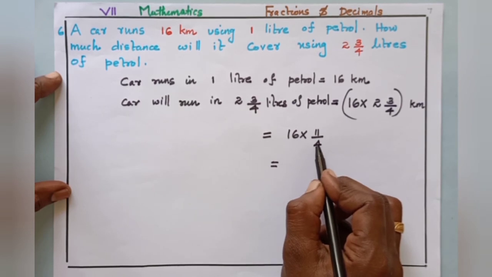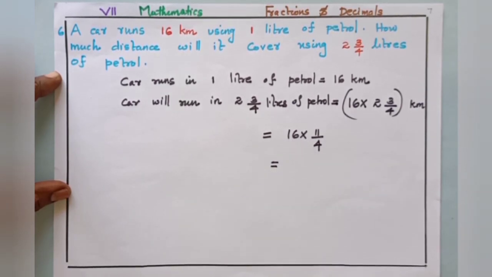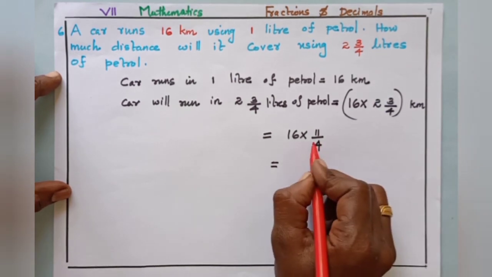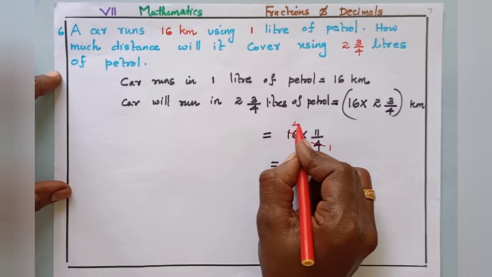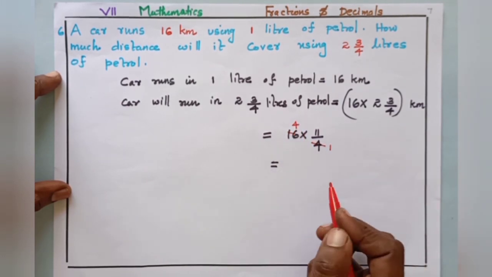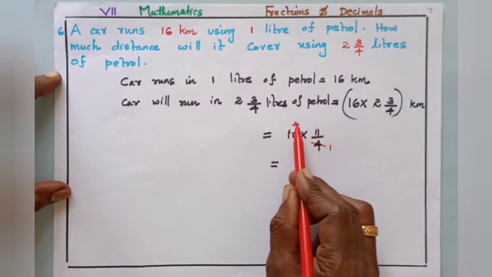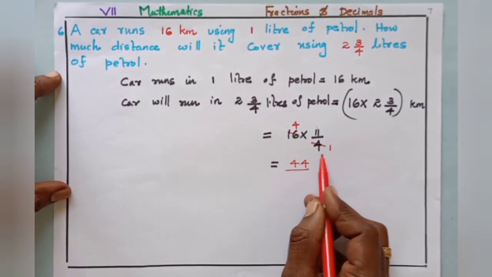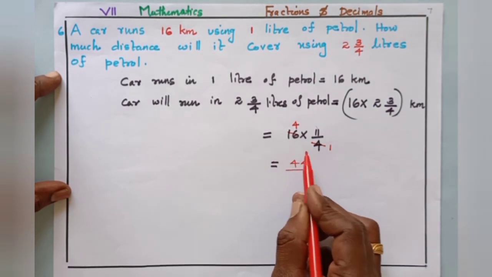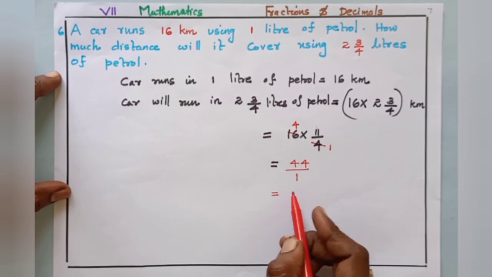Then multiply 16 into 11/4. Listen here. 16 and 4, we can do cancellation here. 4 and 16. 4 1 times, 4 4s are 16. Then multiply the numerator, 4 into 11, 44 by 1 into 1, 1. 44 by 1.